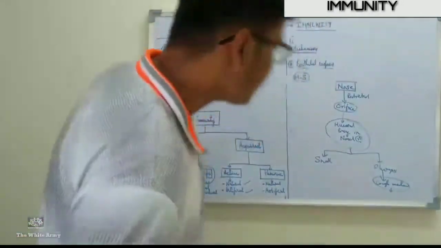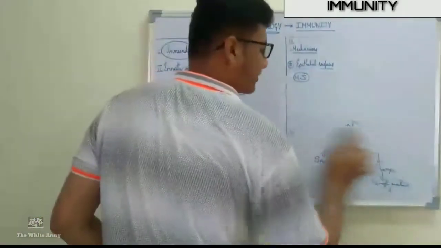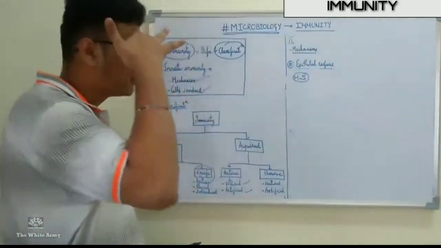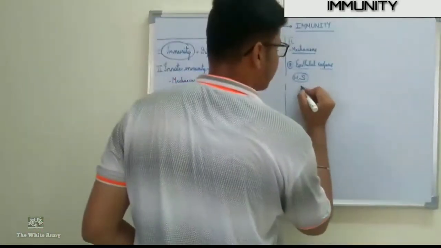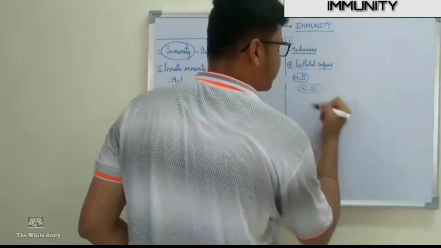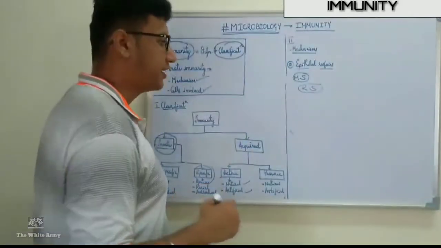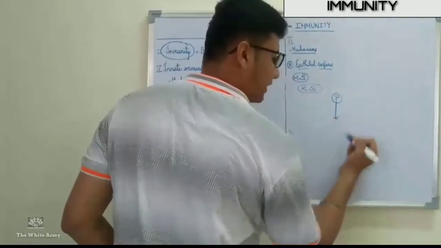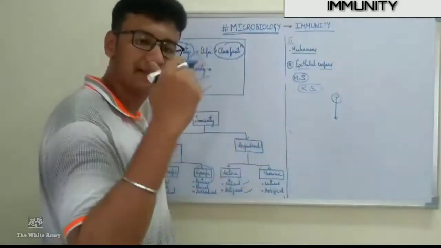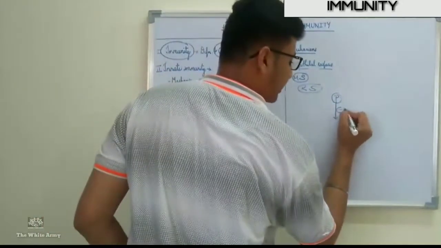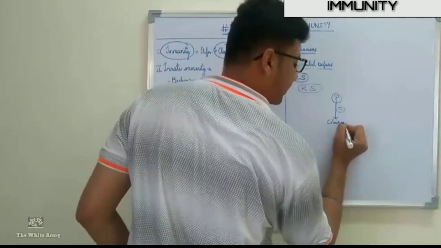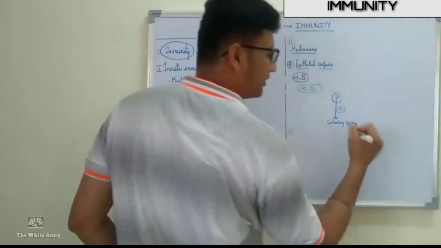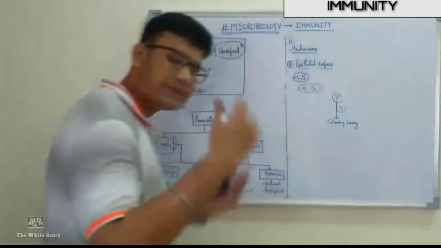under the mucosal surface, we will discuss the mechanism of innate immunity exhibited by the respiratory tract. In the respiratory tract, the pathogens entering the respiratory system will be restricted by the ciliary lining in the trachea. This ciliary lining sweeps the pathogens back into the upper tract.